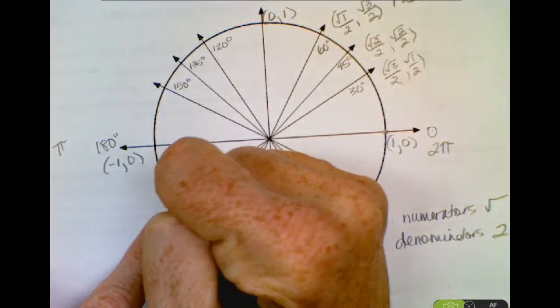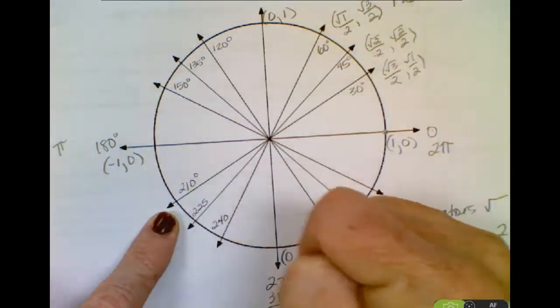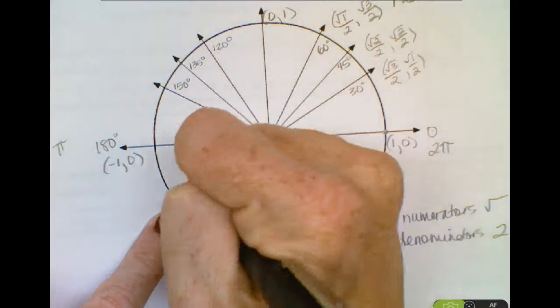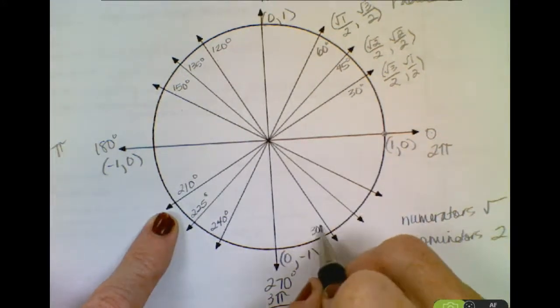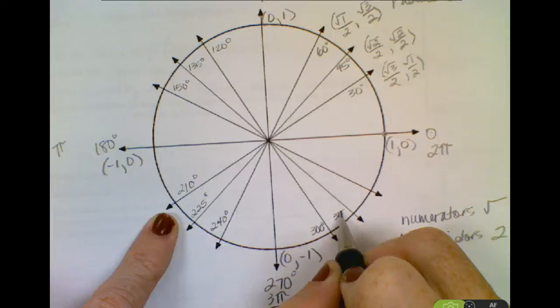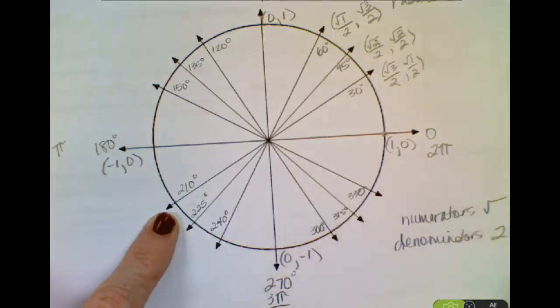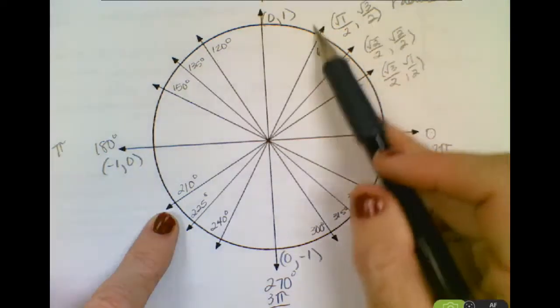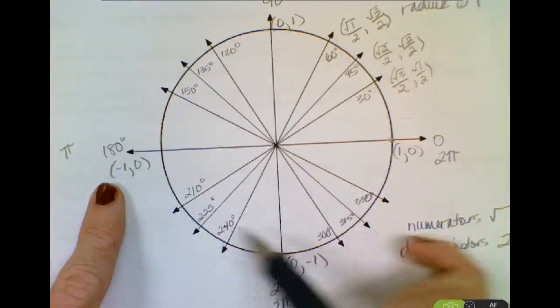Add another 15, 225. Add another 15, you get 240. Now you're back at 270. Finish it out. 270 plus 30 is 300. 315 and 330.